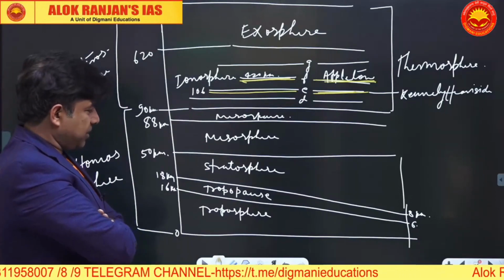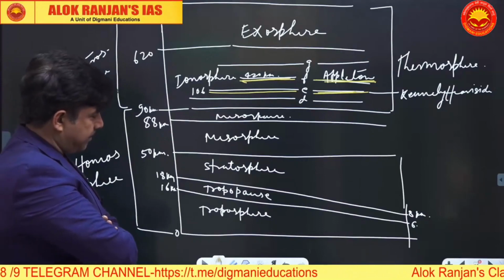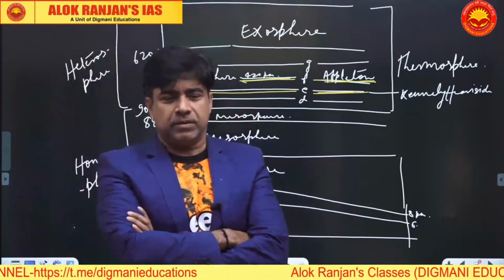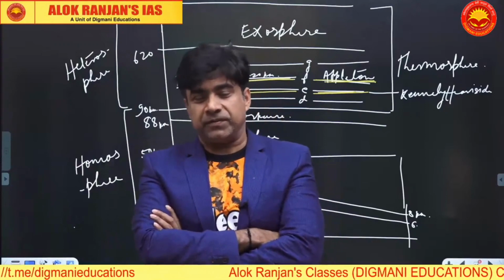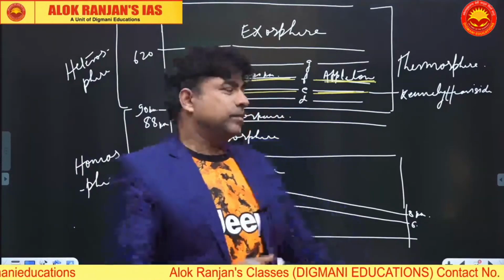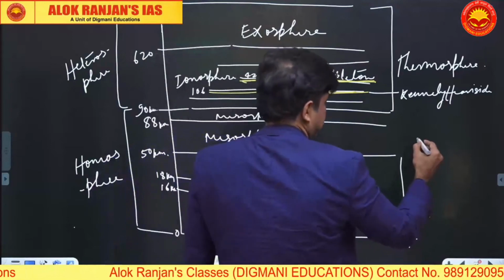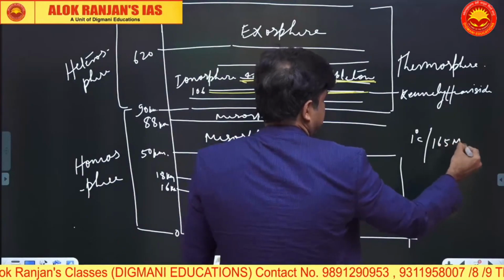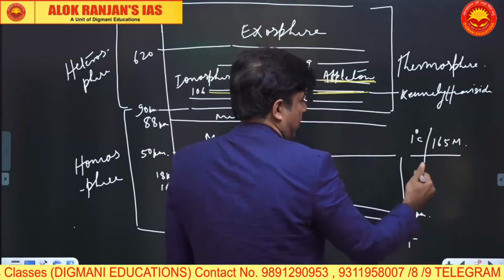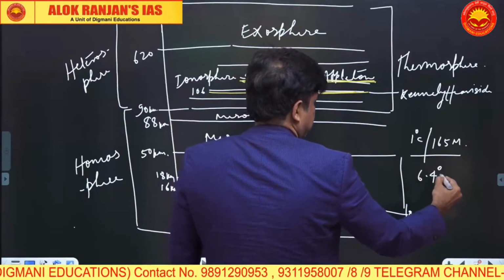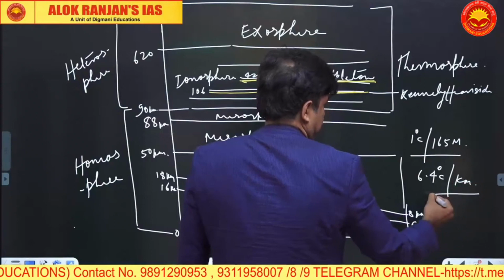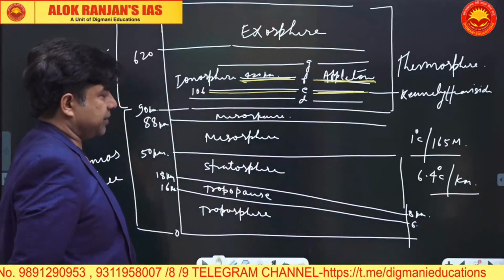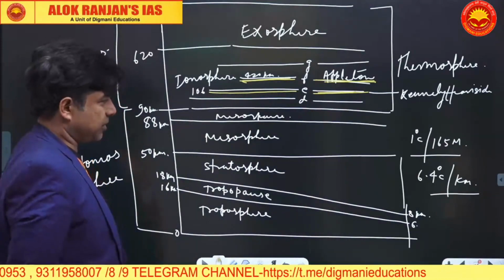Normal lapse rate or the environmental lapse rate, which is 1 degree centigrade per 165 meters of height, or 6.4 degrees centigrade per kilometer.